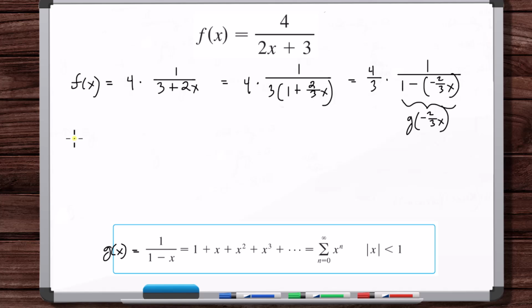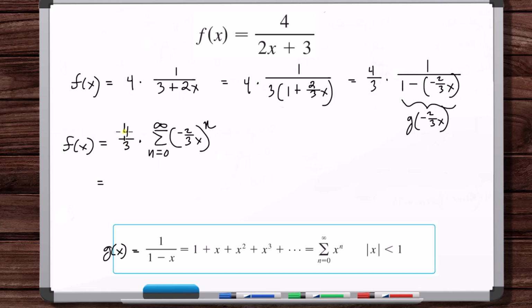So that means f of x is equal to 4/3 times, and then you've got minus 2/3 x. Now we can try and write this in the simplest form that we can.